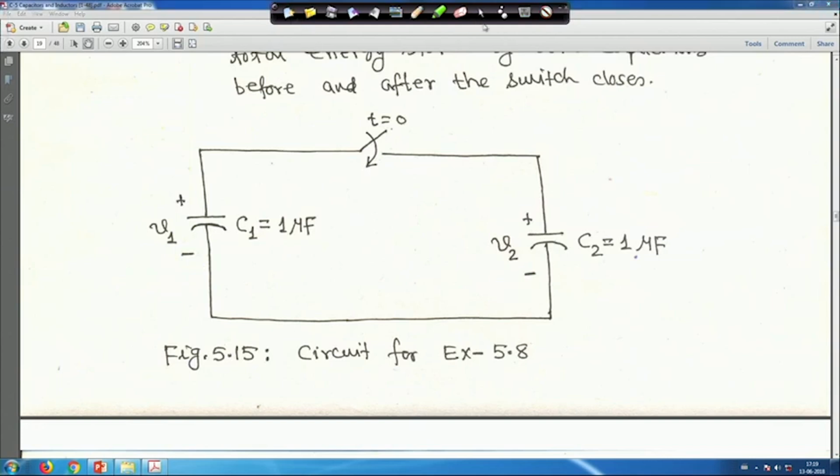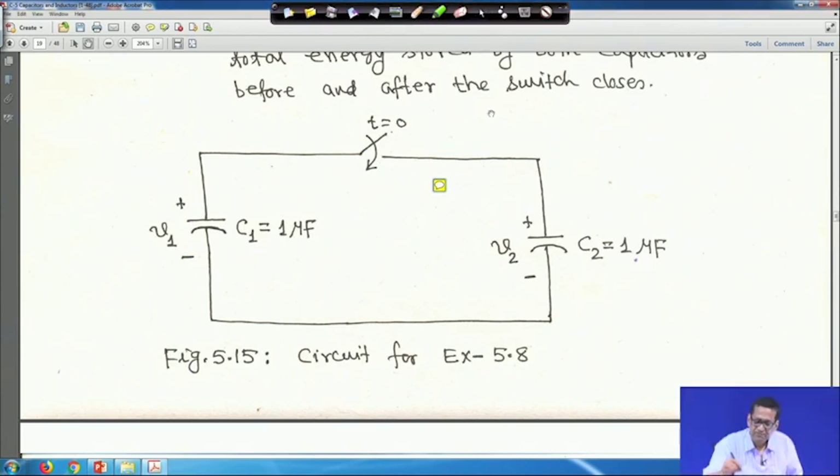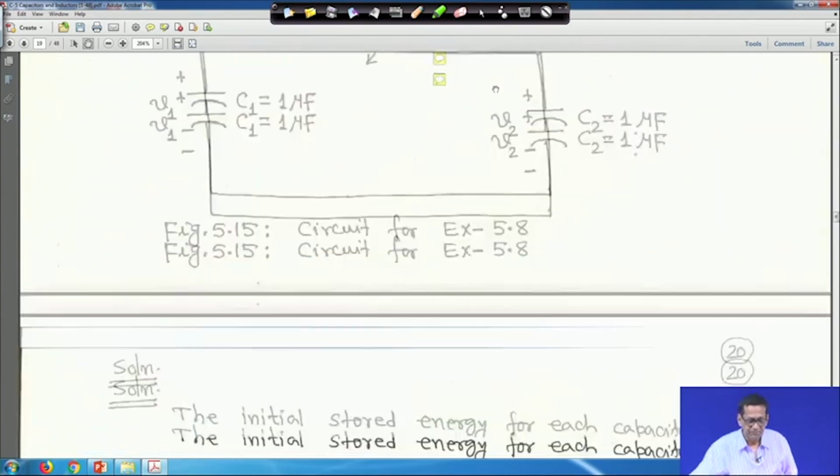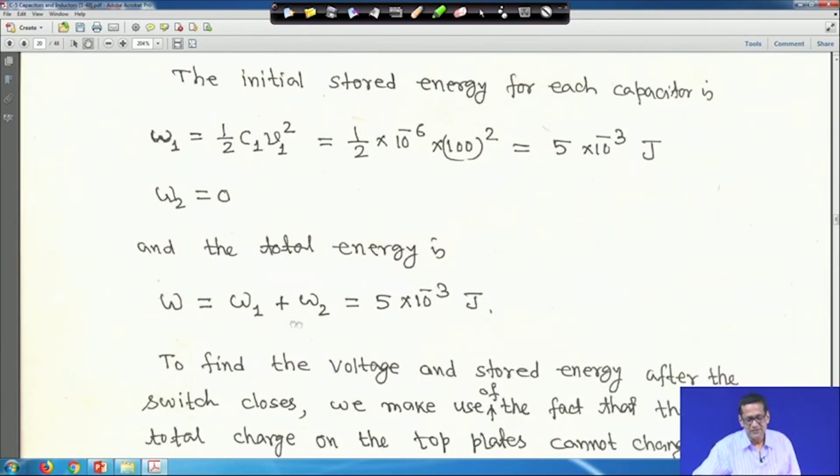So, before this, the initial stored energy before closing the switch, half C1 V1 square, is coming 5 into 10 to the power minus 3 joule, and in the second case voltage V2 was 0. So, half C2 V2 square means 0. Therefore, total energy W is equal to W1 plus W2, that is 5 into 10 to the power minus 3 joule. This is the value.